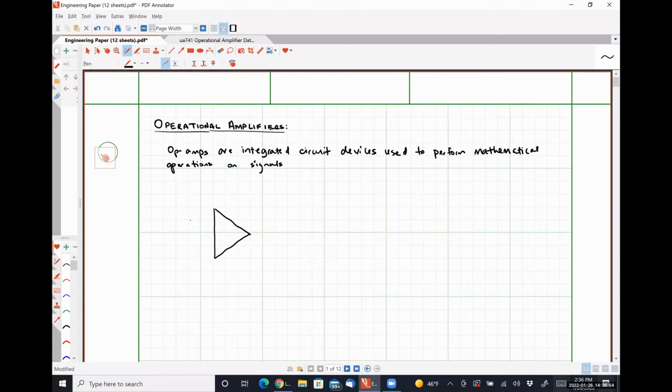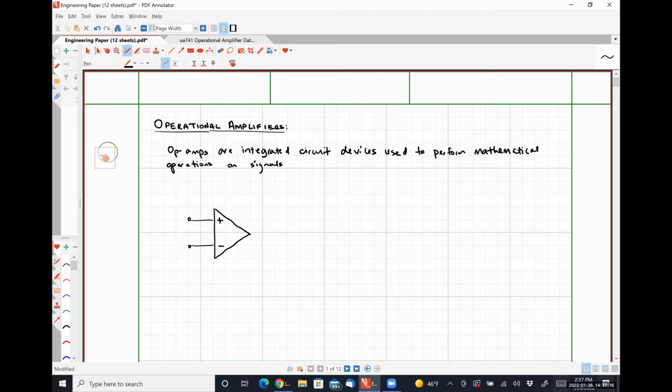Our op-amp is a differential amplifier, meaning it has two inputs. Okay. So one input we're going to designate with a plus sign. The other input we're going to designate with a minus sign. All right.